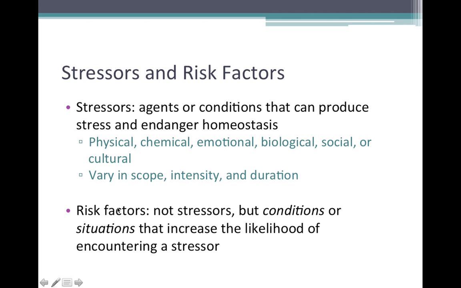The risk factors for stress can be pretty wide, and we'll talk about those risk factors throughout this class. And it really just depends on what disease process we're discussing. But those risk factors can play a role in the development of stress. If you're playing with fire, that's a risk factor for being burned, which would be a form of physical stress on your tissue.